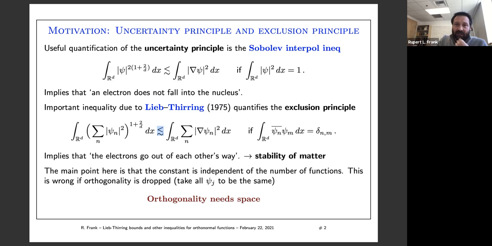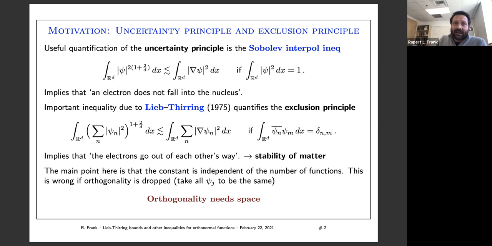In particular, just to mention one direction, in 1 and 2 dimensions, it's believed that the same constant that makes the first inequality valid makes the inequality for all functions valid. So the best thing for the inequality would be just to take a single function.